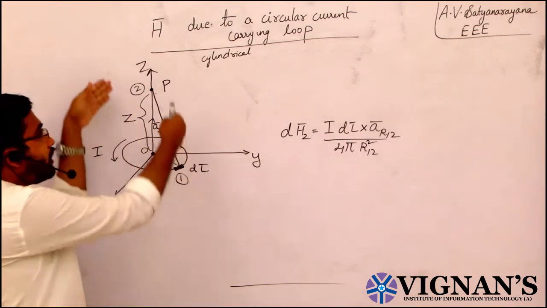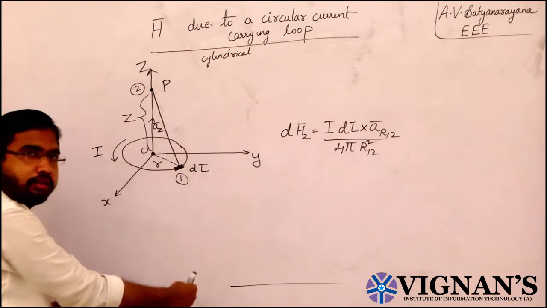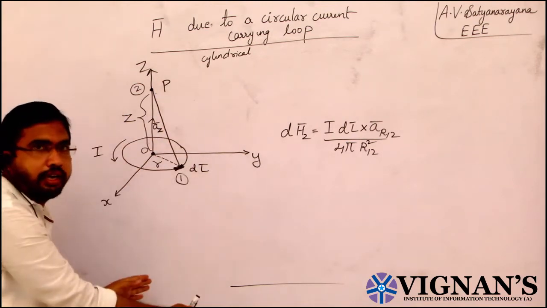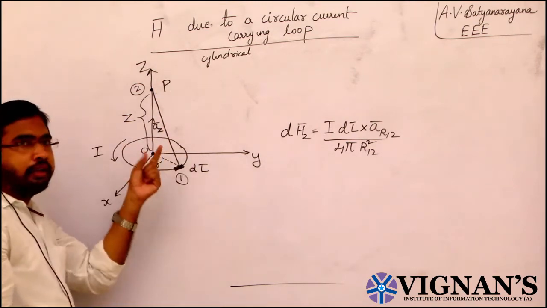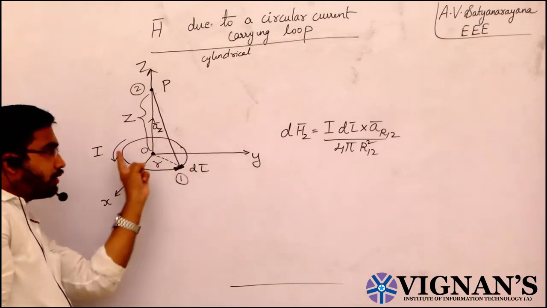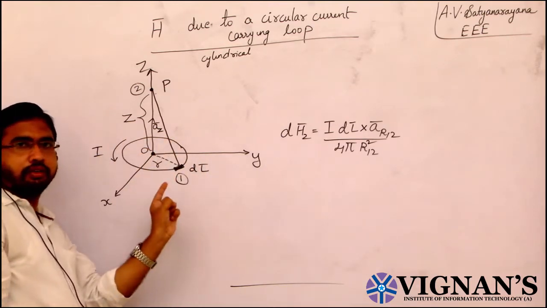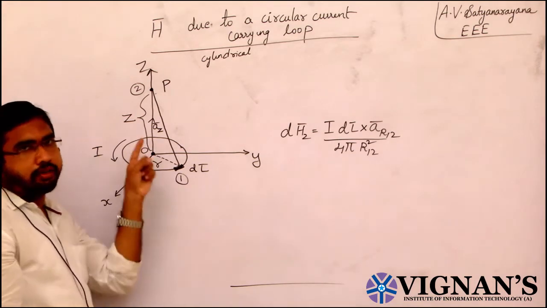If you consider a cylinder placed along this circle, this is nothing but the outer border of that cylinder. That means the radius of that cylinder is also r.